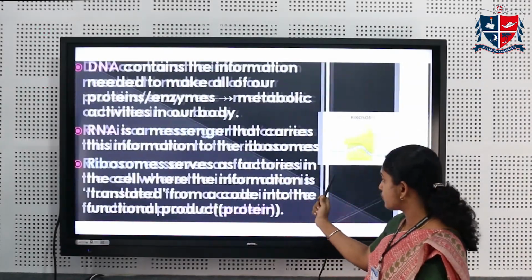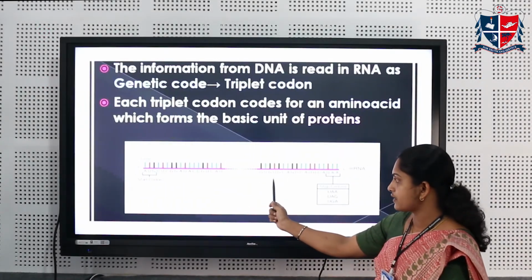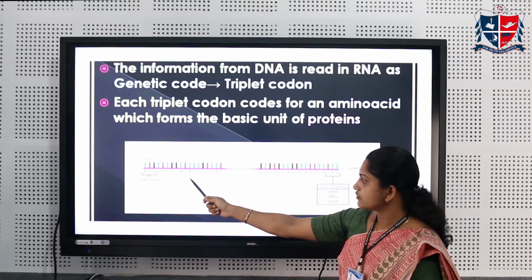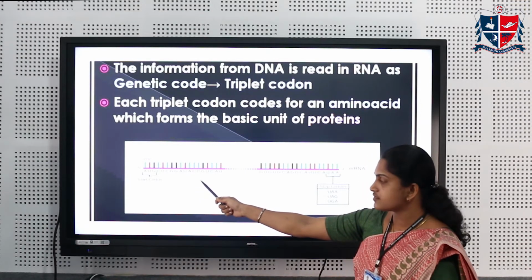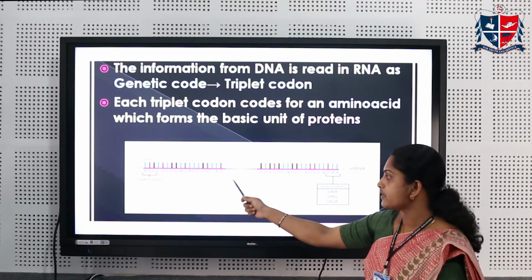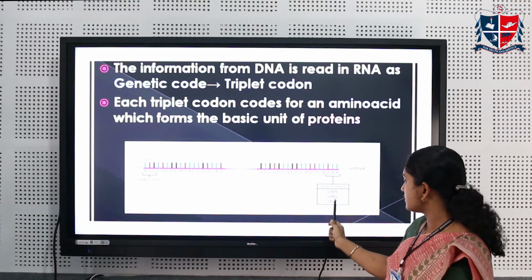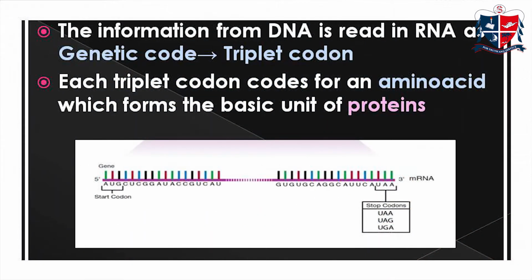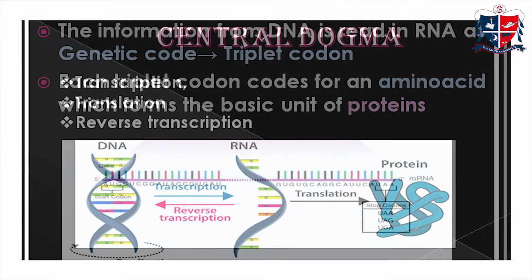Similarly, this is a strand of mRNA where the start codon starts the synthesis of protein, followed by triplet codes. These three are different triplet codes. Similarly, there are several triplet codes present which code for an amino acid.